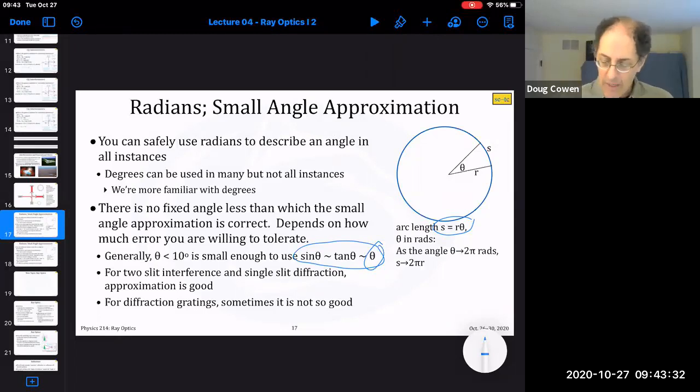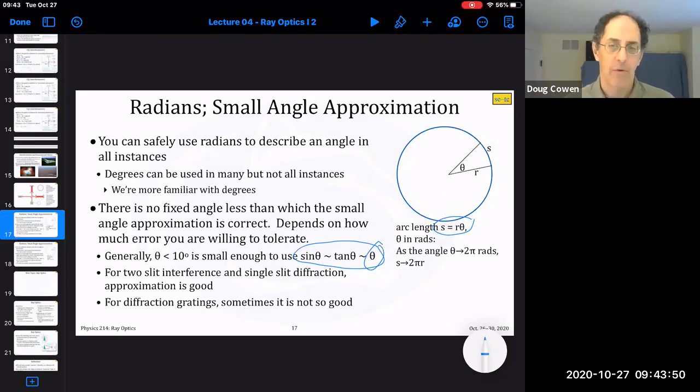So the figure on the right shows an illustration of how we could start thinking about arc length. Some people have questions about that. So the arc length, you may remember the formula is S equals R times theta, where S, R, and theta are labeled in that figure.